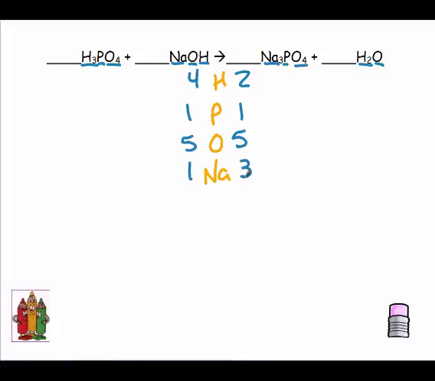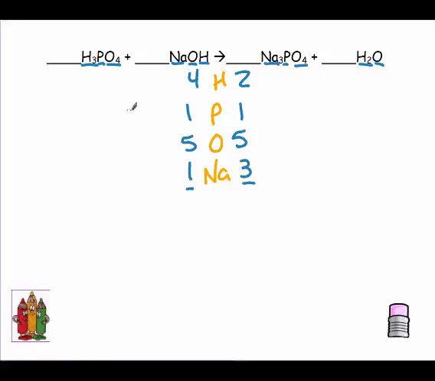Remember we said it doesn't matter which one you start with, but we usually leave hydrogen and oxygen to the end. Notice hydrogen we have in 3 out of the 4 spots, so that's why we usually leave it to the end. I'm going to fix my sodium first, so I can follow that rule. And I have 3 sodium on the product side, so I need 3 on the reactants.